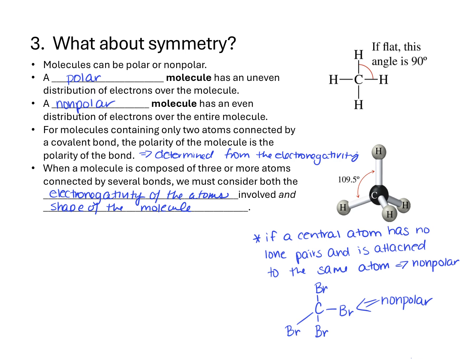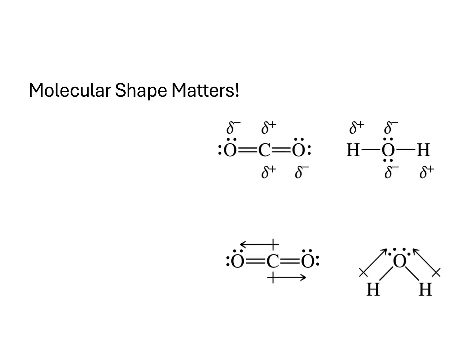So let's look at some other molecules and let's put some words to some of these shapes, okay? So we talk about these molecular shapes and how they matter. If we look at, for example, carbon dioxide and water, okay, when we look at carbon dioxide here, we have two polar bonds.